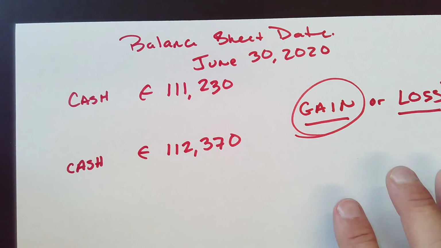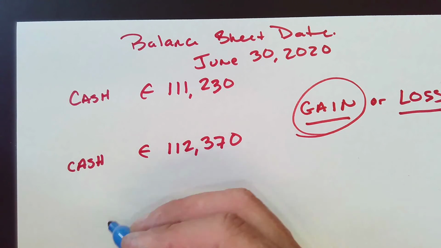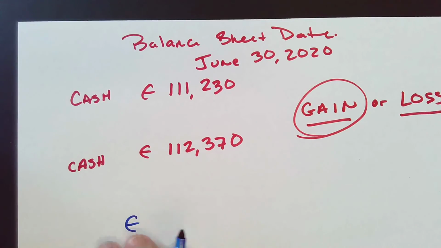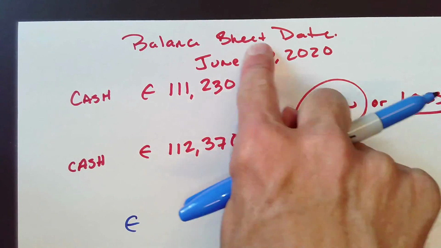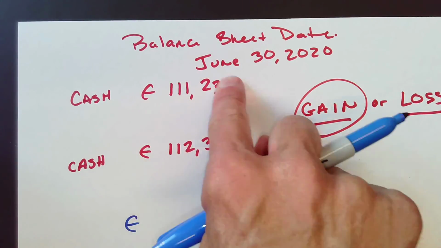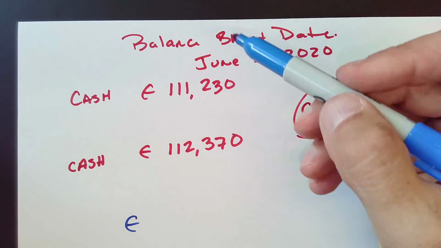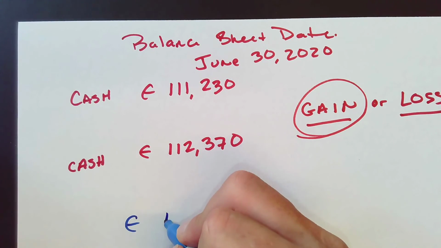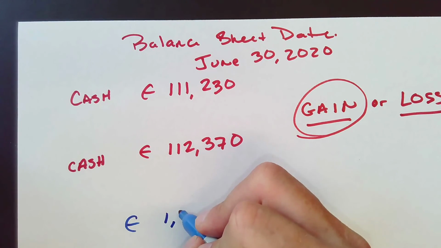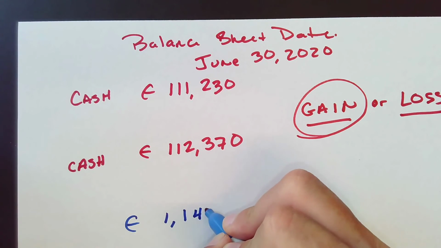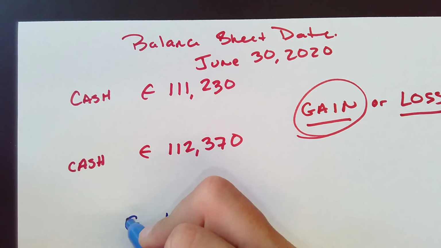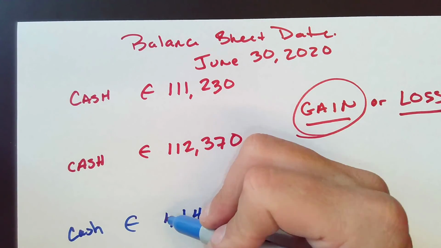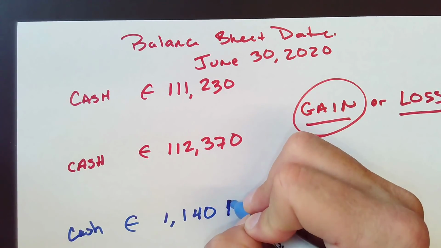So how do I record that? Well, there's going to be an increase. Again, I'm just using this so that we know that this is denominated in euros. It's not just US dollars. I'm doing the math very quickly: cash increased by $1,140.